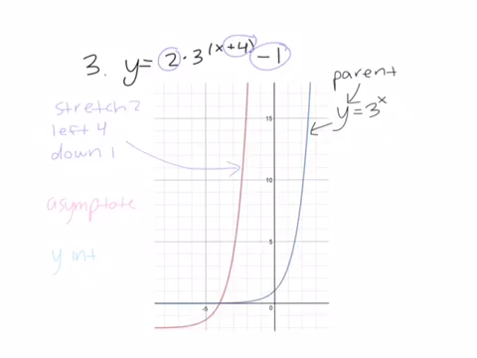So we're going to start with going down 1, which means that we're going to take all the points, any points you want, and just bring them down 1. And then we're going to go to the left 4. So let's take this point, for example. It's going to go 1, 2, 3, 4. And it should be somewhere around 4 points to the left.